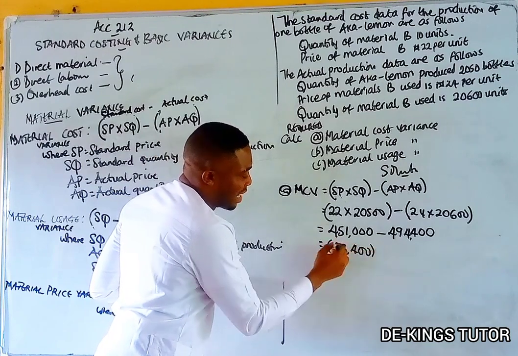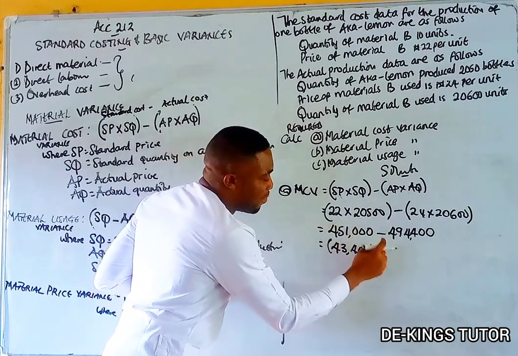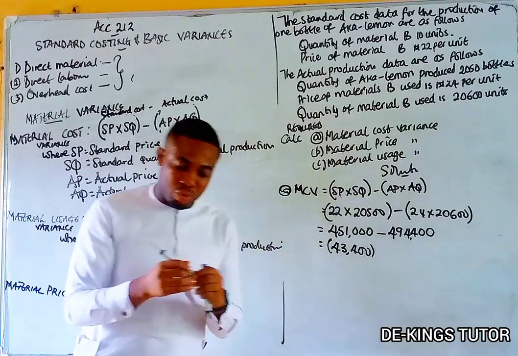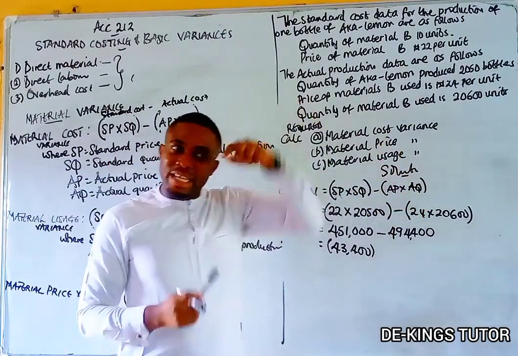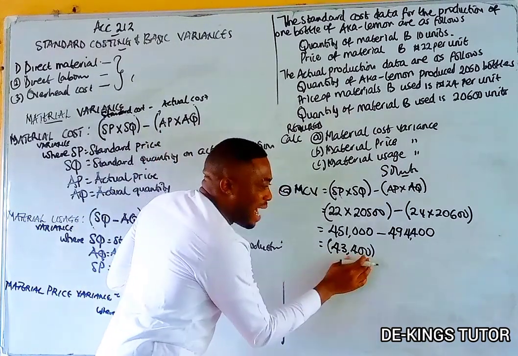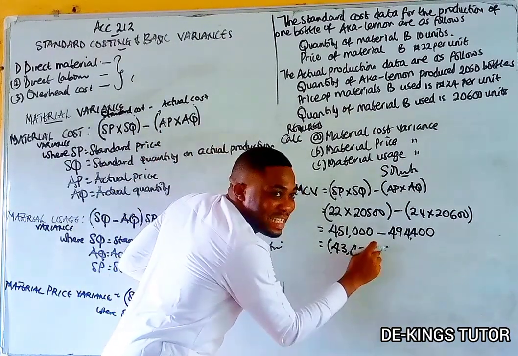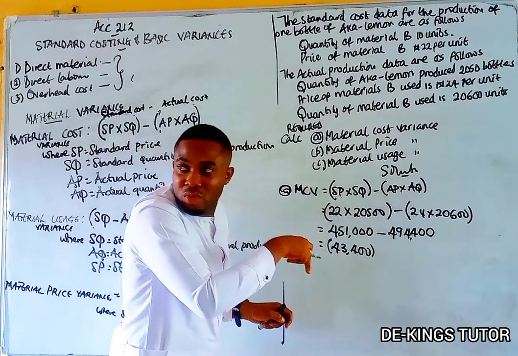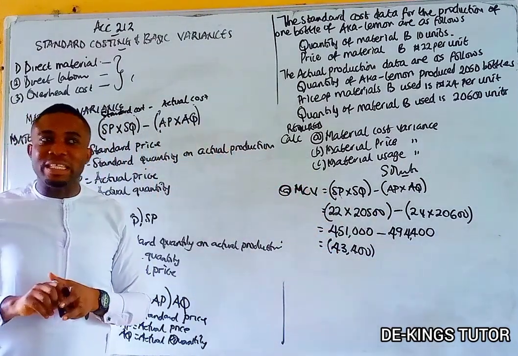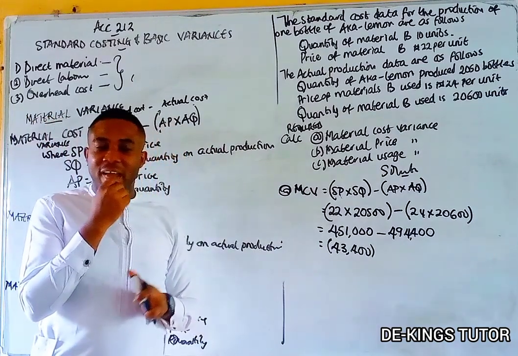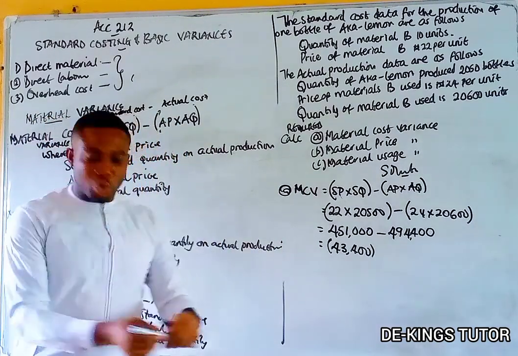Now either you put it like this, or the major thing, remember I told you that this can be here or this can be here. The major thing is to write your answer, and while you're writing it, you must indicate if it is favorable or unfavorable. So this, is it favorable or unfavorable? Unfavorable.